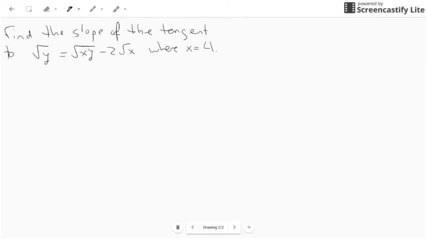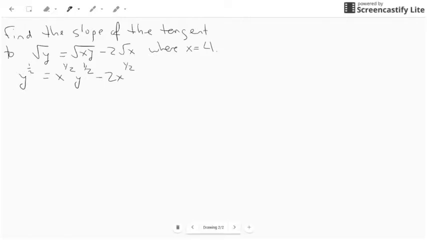So what we're going to do is rewrite this so that I'm not working with radical notation anymore, just exponents. So y to the 1/2 is going to equal, because this is x multiplied by y, x to the 1/2 y to the 1/2 minus 2x to the 1/2.